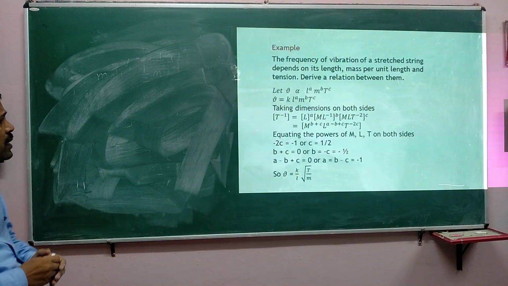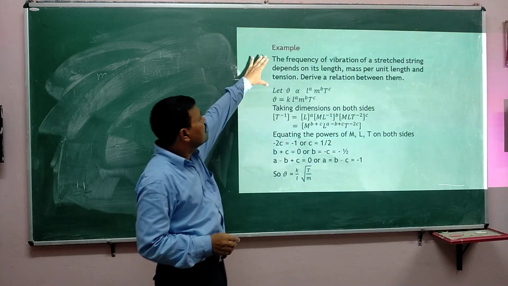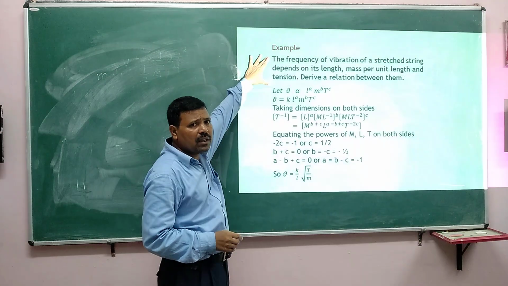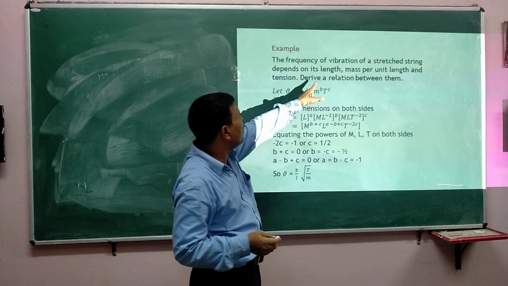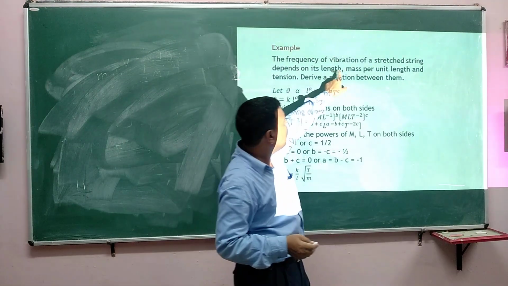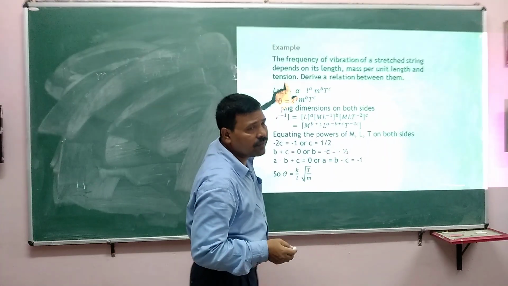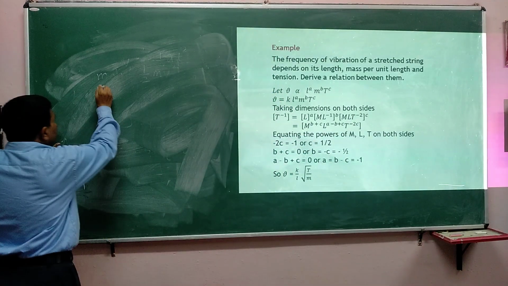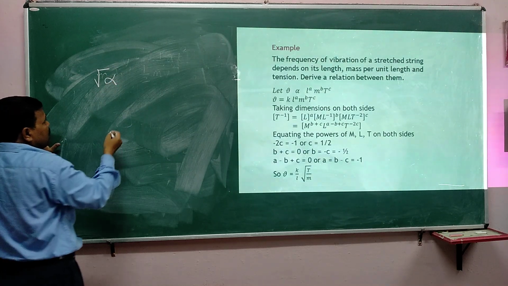How do we start? First of all, as per the problem, the frequency depends on length, mass per unit length, and tension. So I will write that this frequency depends on three factors.